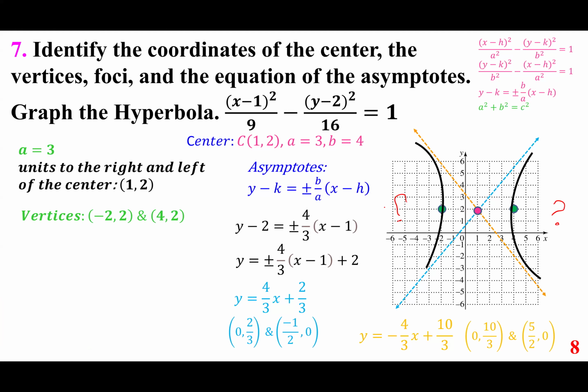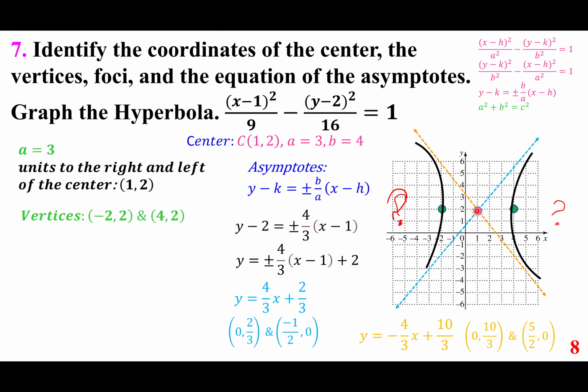Are you with me? So it's to the right of the center and to the left of the center, and it has the same y coordinate as the center. So we know the y coordinate is 2. But what is the x coordinate?